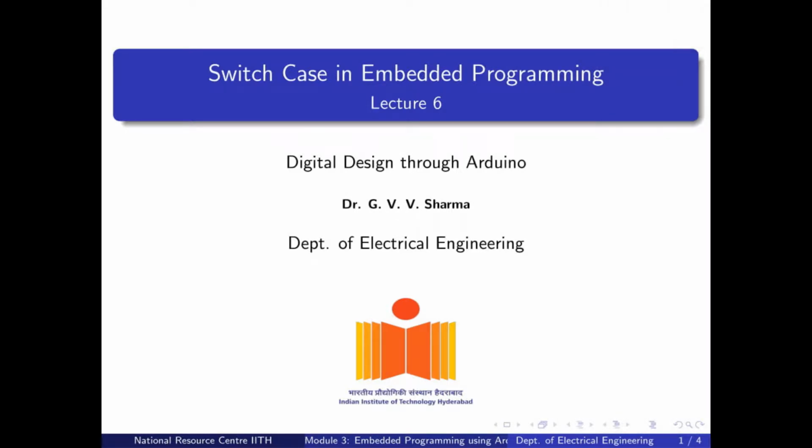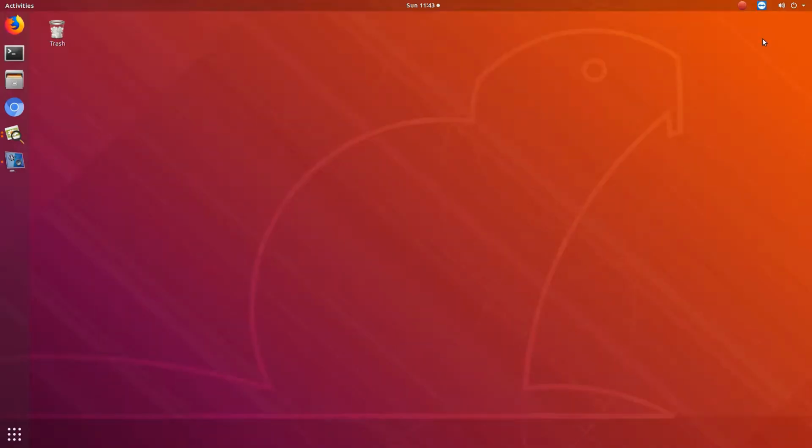In this video, we will see how to generate a number 1 to 9 using a switch statement. We are also going to use a function in this program. So we will learn two things in this lecture: one is the switch case and the other one is a function.